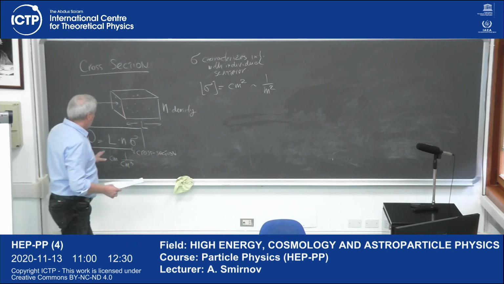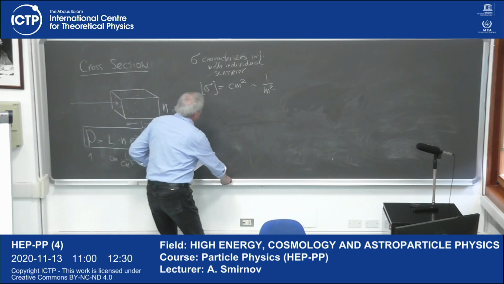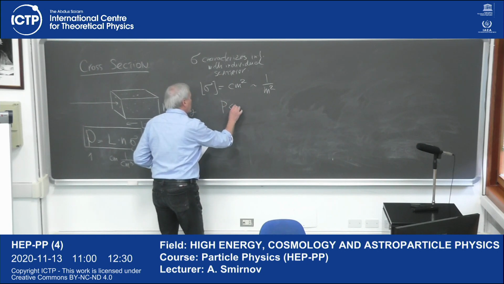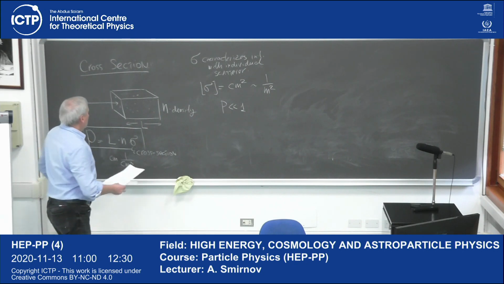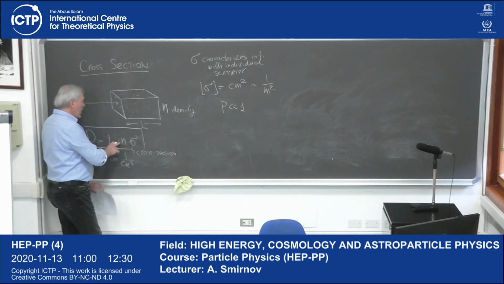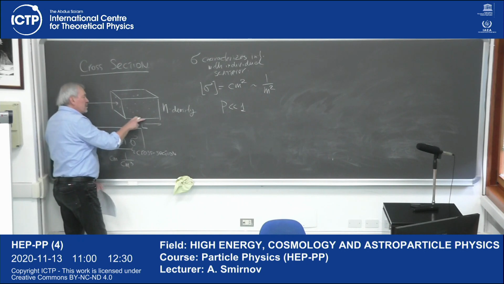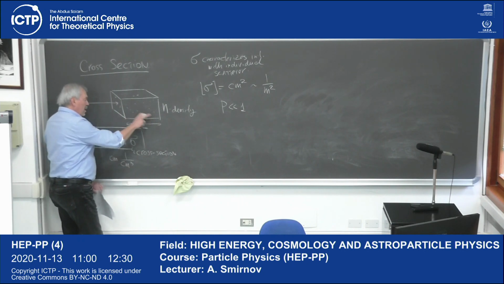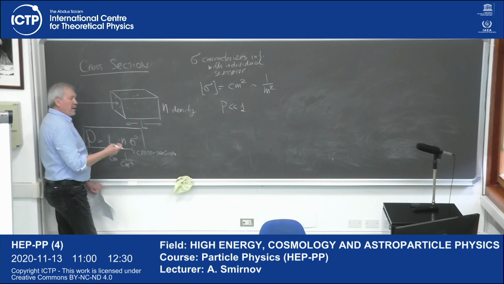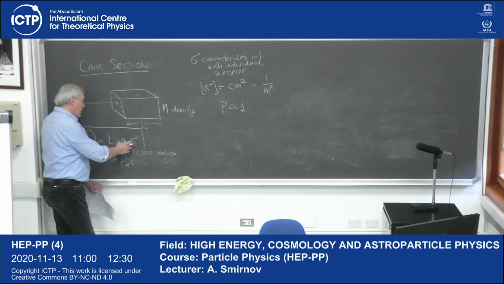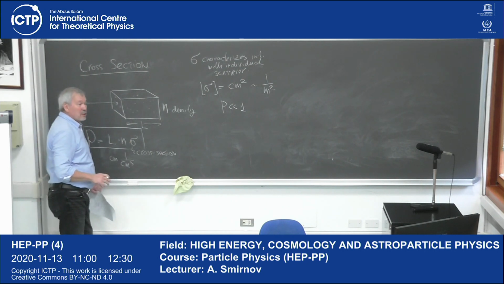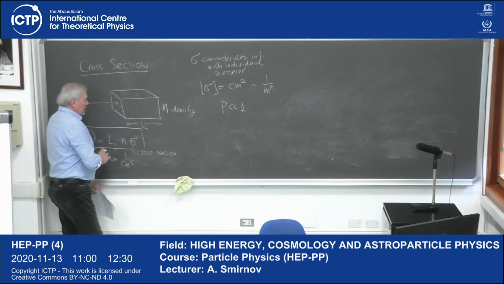This formula is valid when the resulting probability of interaction is much smaller than 1, because we are counting in this way all the scatterers in our volume along L. Of course, if the interaction is very strong, you will have significant absorption of your neutrinos already in the first layer, somewhere in the beginning, and therefore, instead of this formula, you need to use an integral. Qualitatively it is the same.